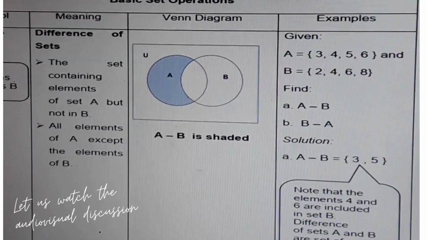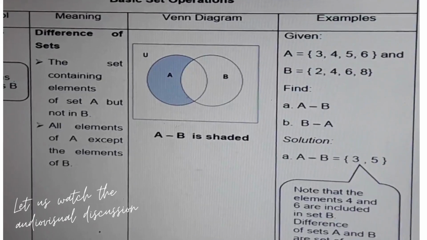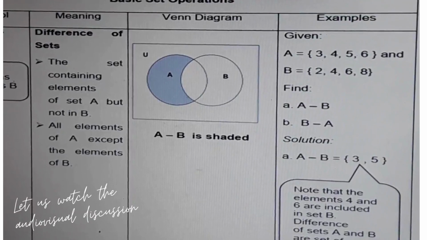We continue to the next. A minus B. Meaning, we are talking about the difference of sets. So the set containing elements in set A, but not in set B, is the difference of sets.